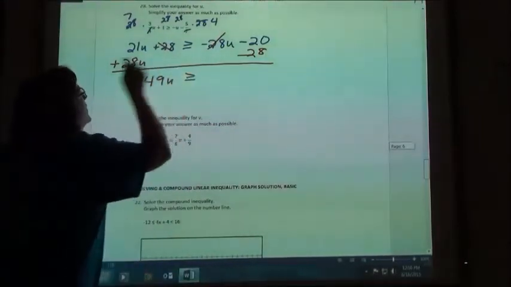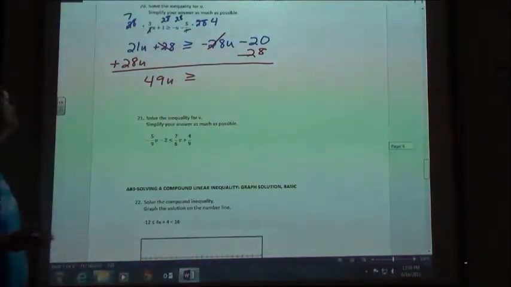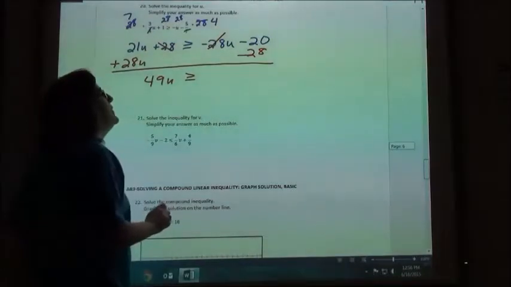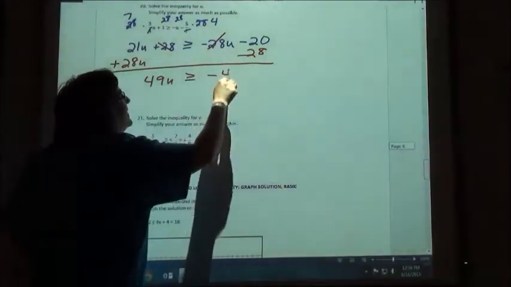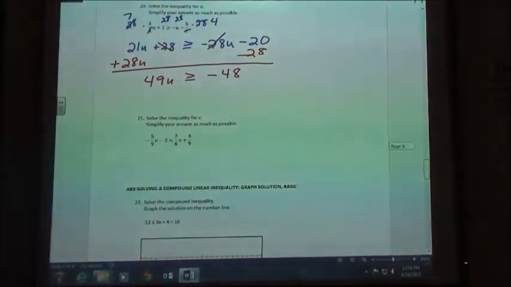49u is greater than or equal to negative 48.